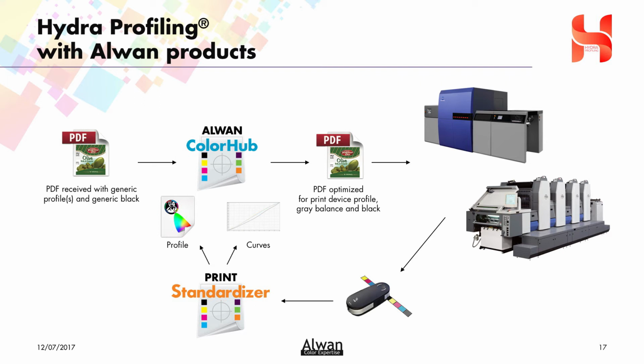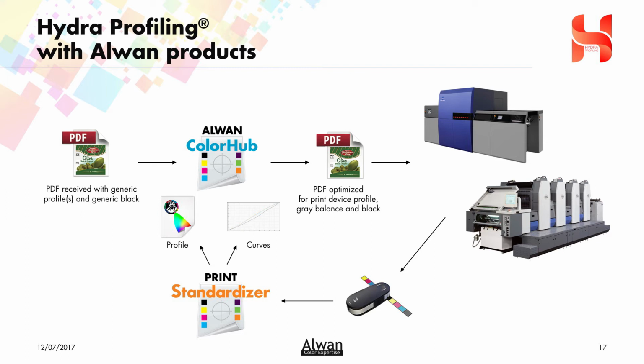And this is unique because, as you know, a lot of our competitors do a very good job in color management. Some others do a very good job in calibration of the presses. Some others do a very good job in profiling printing processes. But we believe today that Alwan is the only company offering these three technologies, and not only offering these technologies, but offering state-of-the-art technology in these solutions.